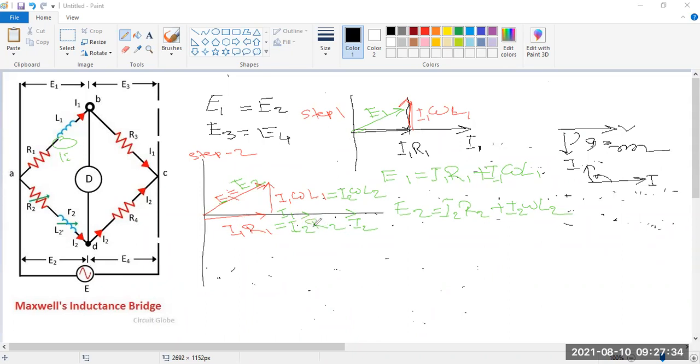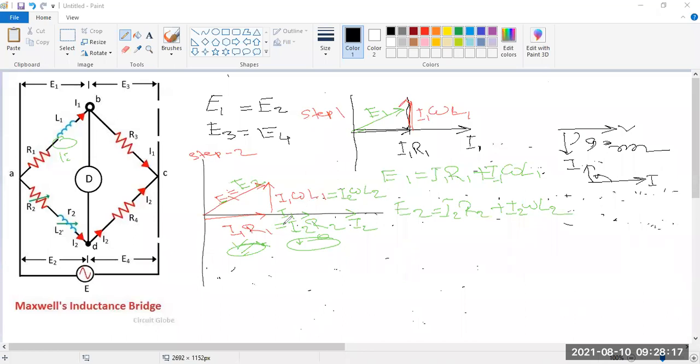If I1 is greater than I2, then R1 should be less than R2, because we have to make it equal. If it is greater, then the other should be less. In this way we are equating, for equilibrium. Otherwise the condition E1 equal to E2 will not be fulfilled.